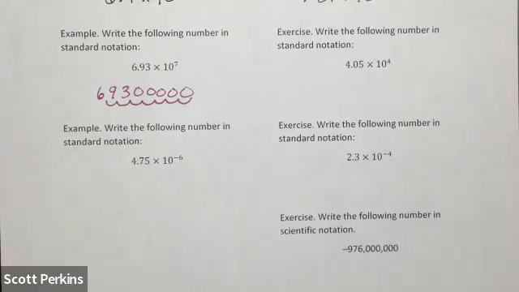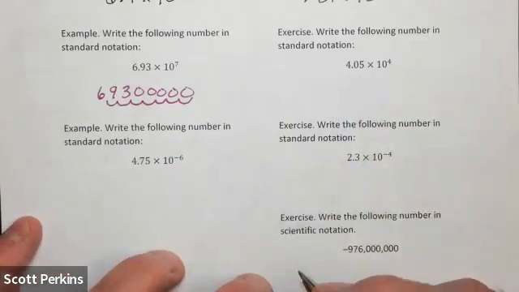4.05 times 10 to the 4th. Write that as a regular number. So this is 4.05 times 10 to the 4th.